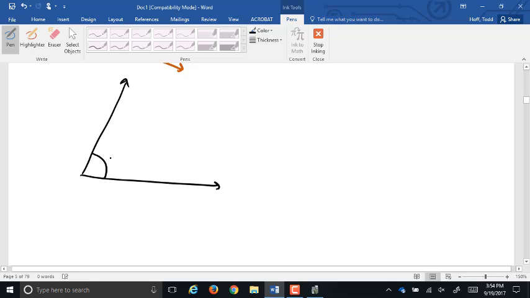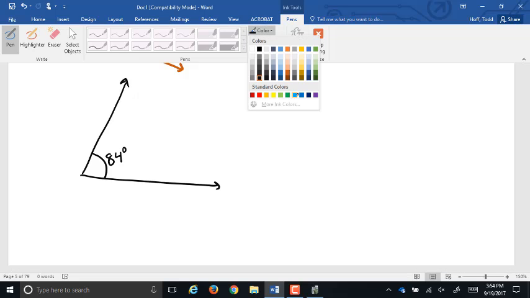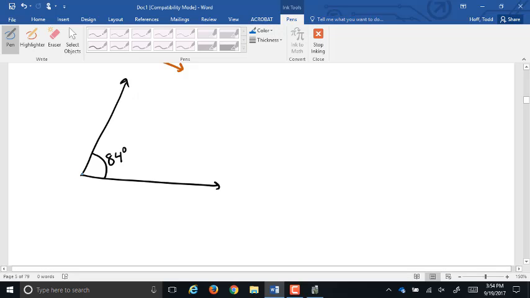If I give you an angle here that is 84 degrees, and then we have another ray that comes off of that same vertex, making an angle here that is 22 degrees, how would I find this angle right here?